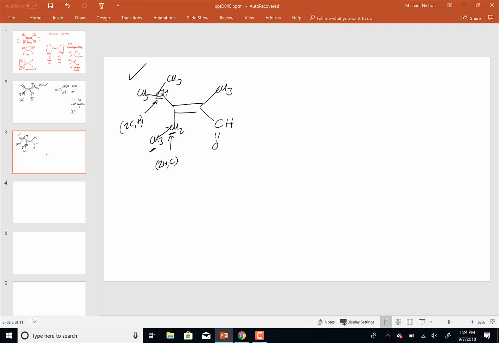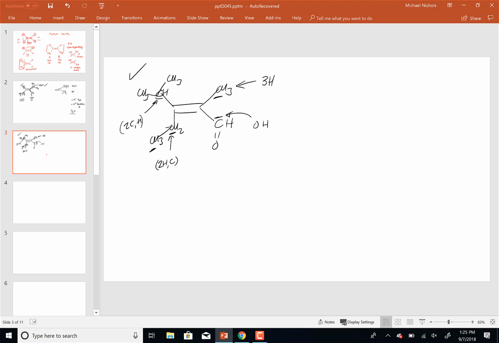Now we go to the next one and we say, okay, carbon versus carbon. What's attached to that carbon? 3 H's. What's attached to this carbon? An O and an H. But I have a problem. My problem is I'm comparing 3 things versus 2. It's not a fair comparison.